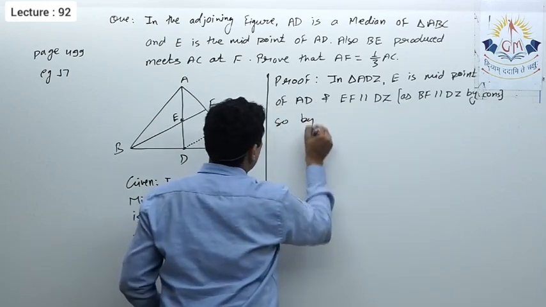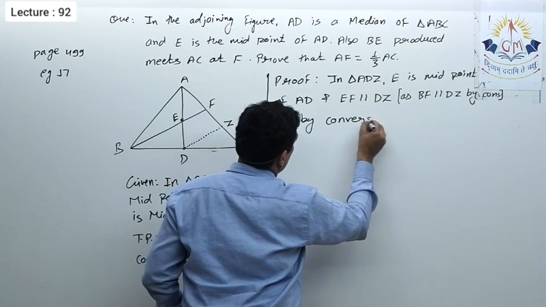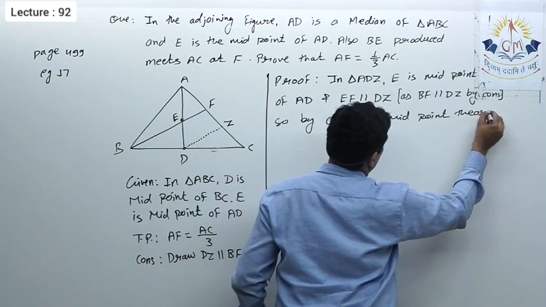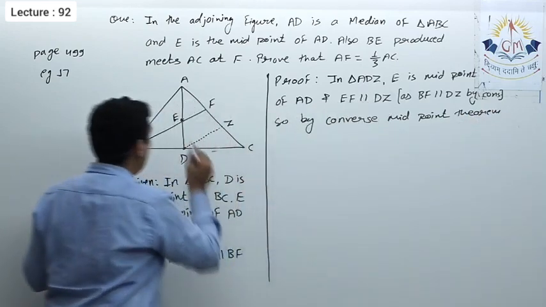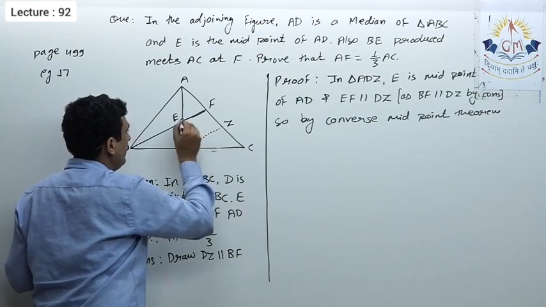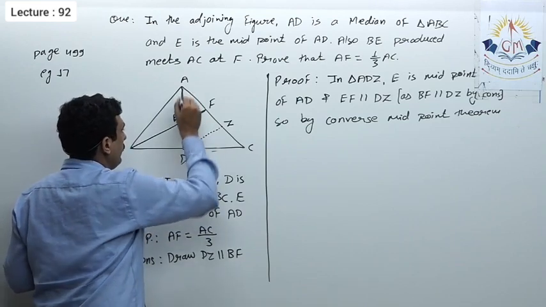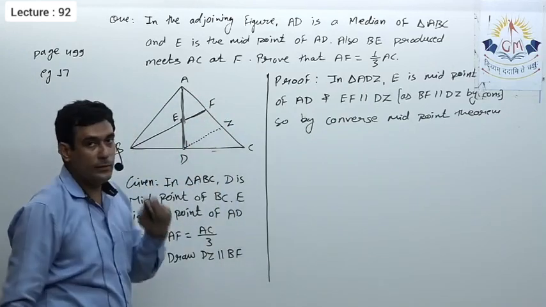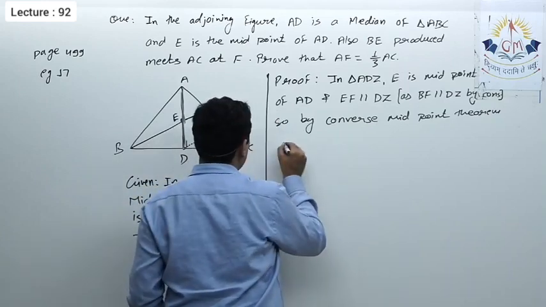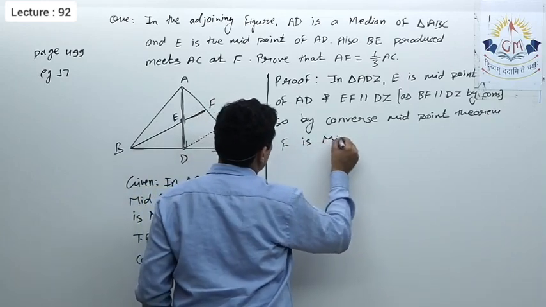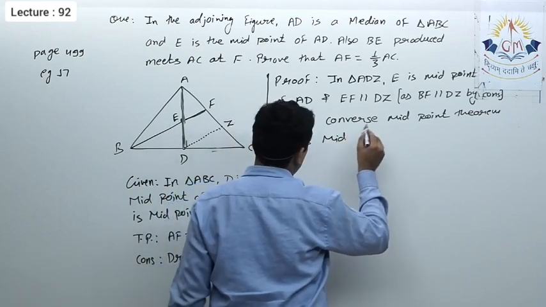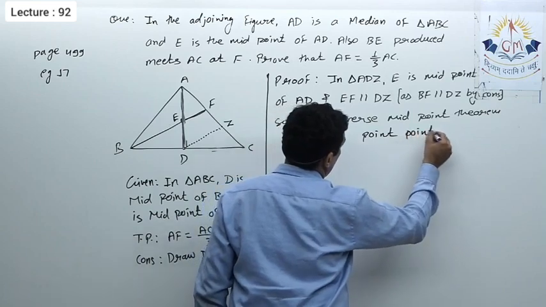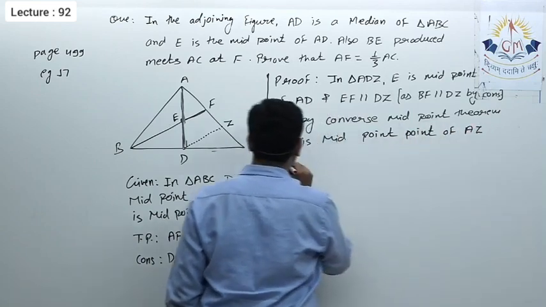So by converse midpoint theorem, which says that if a line segment is drawn parallel to a side from the midpoint of another side, it will bisect the third side, F is the midpoint of AZ.